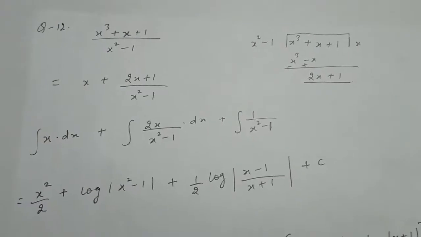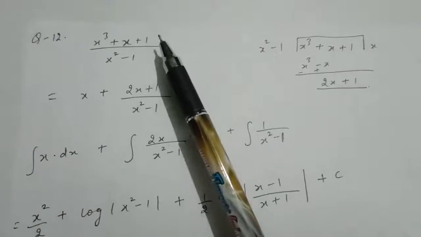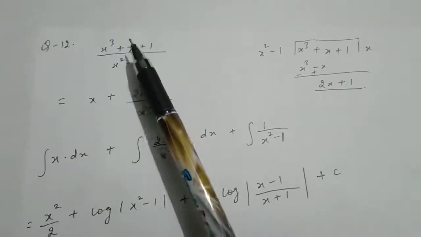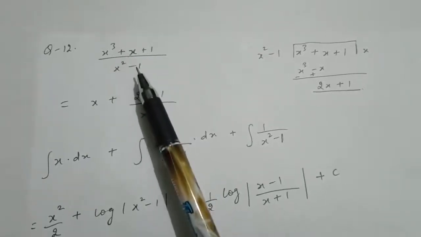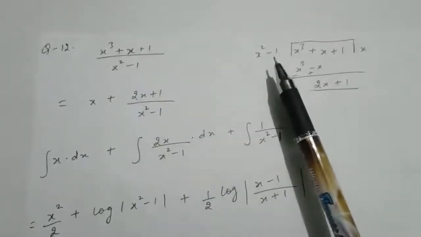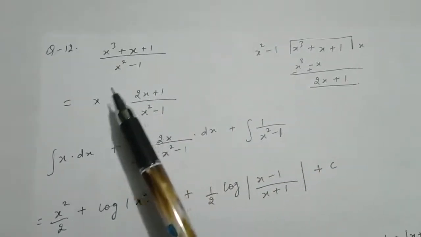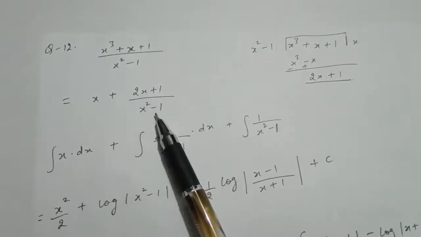Now question number 12 is to find the integral of the function x cube plus x plus 1 upon x square minus 1. Now because the degree of the polynomial in the numerator is higher, therefore divide with the denominator. So you will get this function as equal to x plus 2x plus 1 upon x square minus 1.